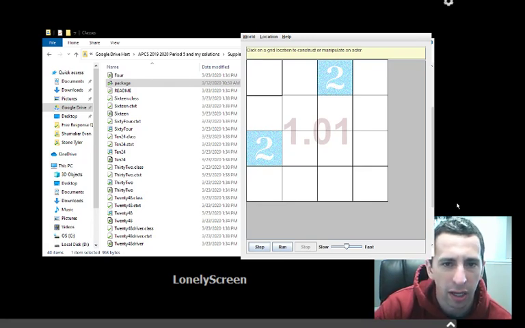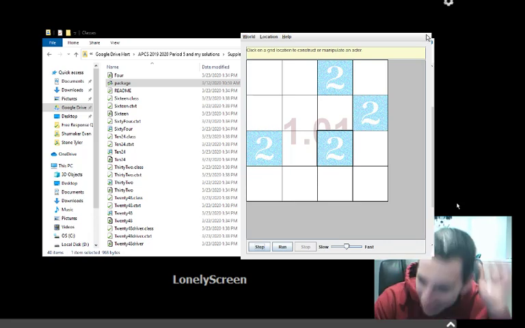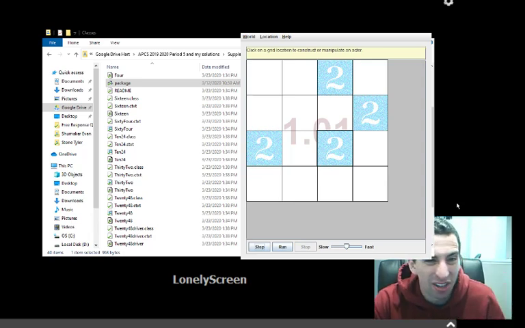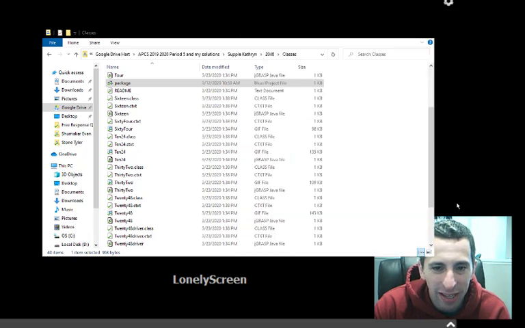Let me see if I can add something else. When I add new 2s, they come up with the right picture. I'm not really sure. It sounds like a you problem. Maybe try restarting your computer. I don't even know. It worked fine, but I got rid of the .gif at the end, so that was something I needed to do for sure.